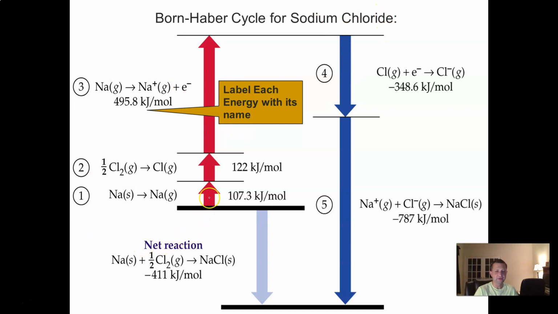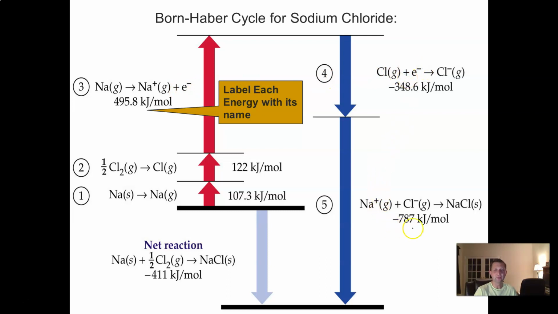So you're putting energy in to turn everything into a gas. The chlorine was already in the gas state. That's why it's important to make sure you know what your states are. But here we have to do that step 2 where you broke the bond of the Cl2 to make individual chlorine here. Step 3, you have to remove your electrons. Step 4, gain your electrons.